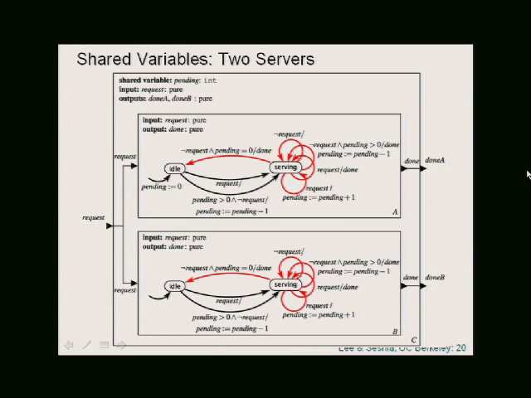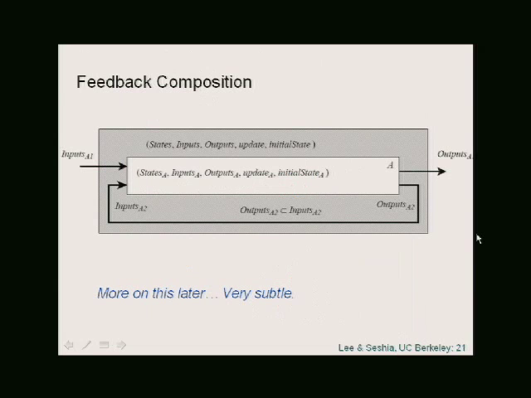Okay, one quick thing. We talked about feedback composition. In feedback composition, you have this picture where you have an actor, and the outputs of the actor are fed back as inputs. Now, with feedback composition, you have to be careful because you might get into what may seem to be circular reasoning.